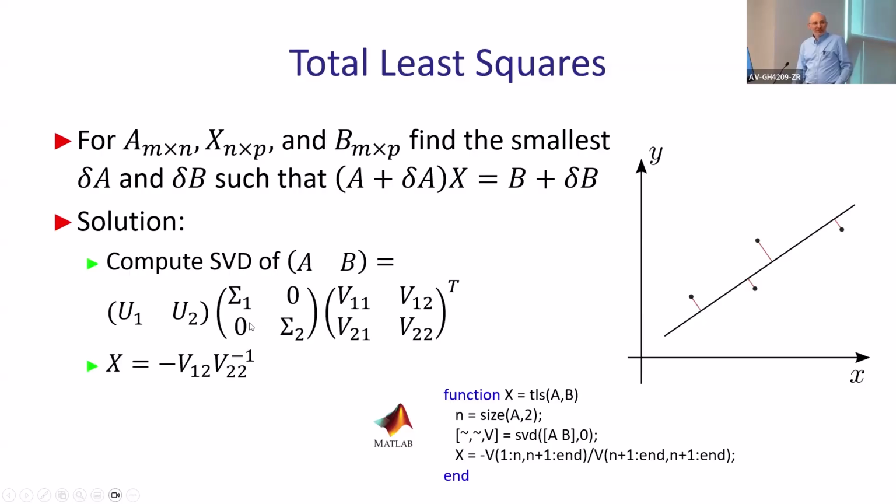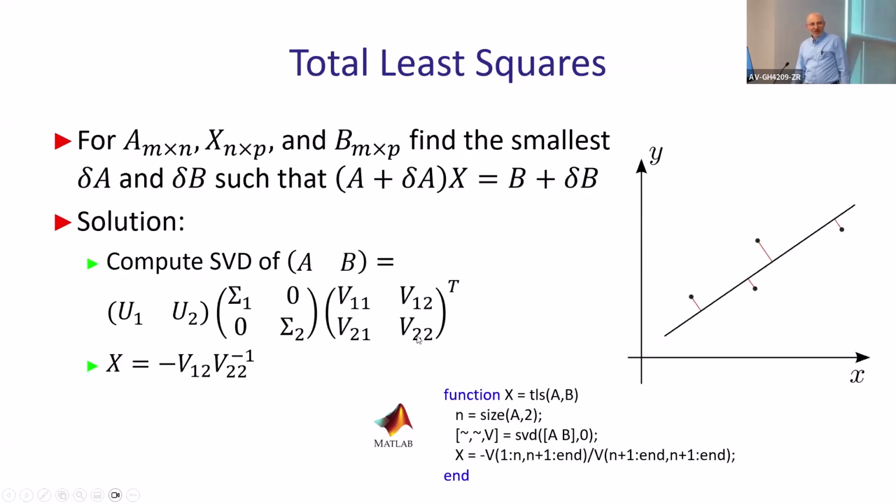Again, I'm not proving it. This is a solution you get by doing SVD of stacked matrices. So you're putting together A and B as a single matrix, which will obviously be a wider matrix. And then you're doing a least squares solution using singular values as usual, kind of a regular SVD decomposition of that matrix. And this will be the solution: V12, which are these block matrices.